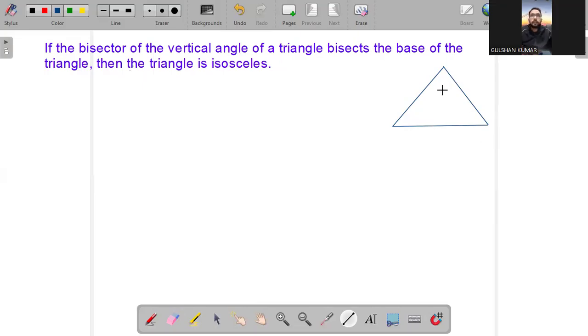So this is the triangle we have, and a bisector from the vertex corresponding to the opposite side of that triangle.